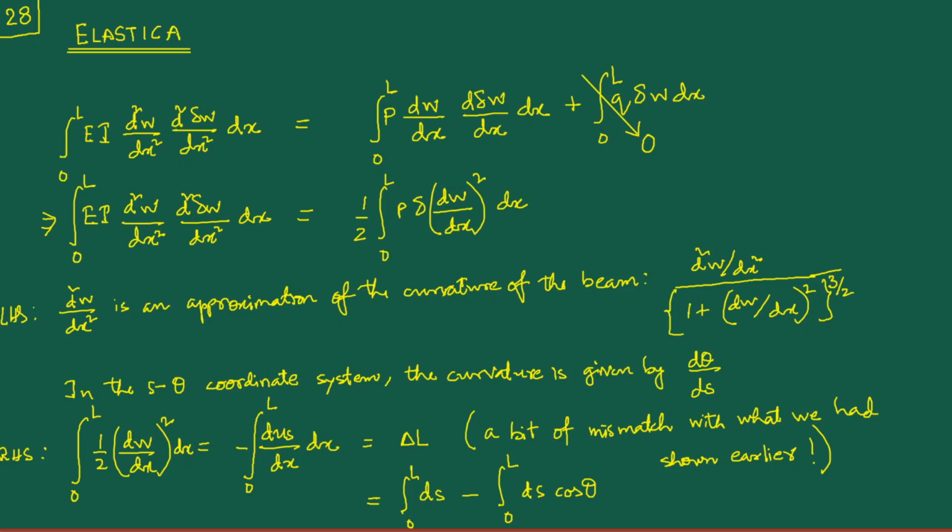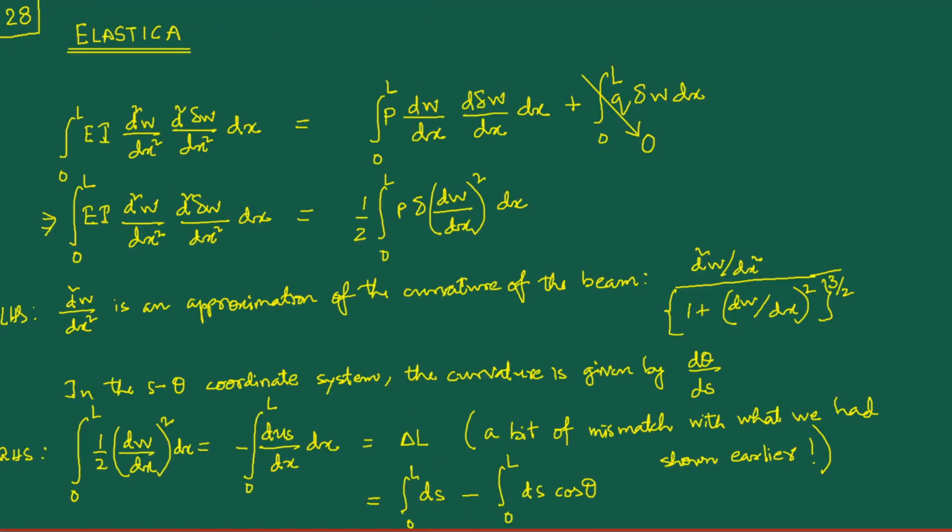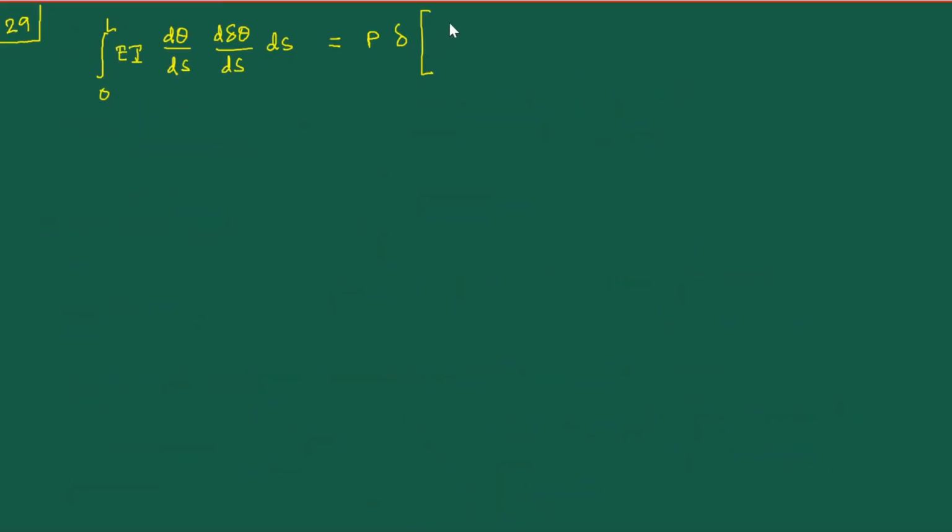So let's do that. P goes outside. We take the delta of this whole thing, whatever we have obtained here, that is integral 0 to L ds minus integral 0 to L ds cos theta.